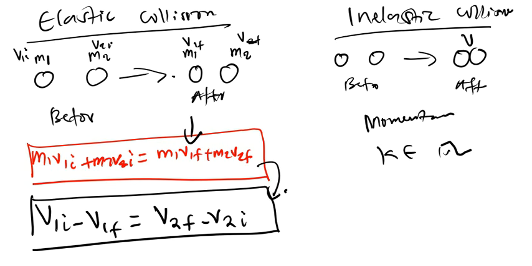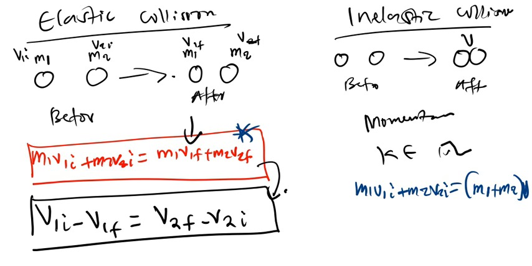So when the question says that after colliding they stick together, what should come to your mind is m1 v1 initial plus m2 v2 initial is equal to m1 plus m2 times the common velocity v.